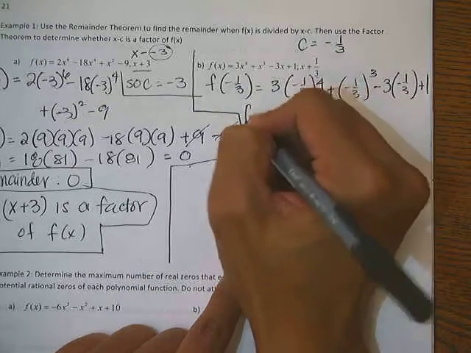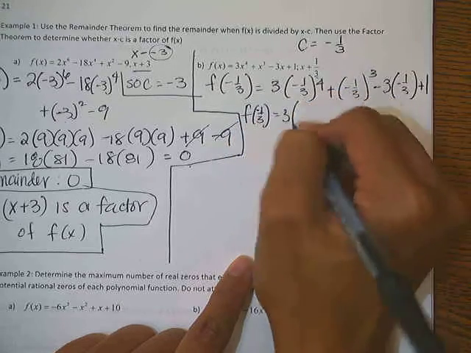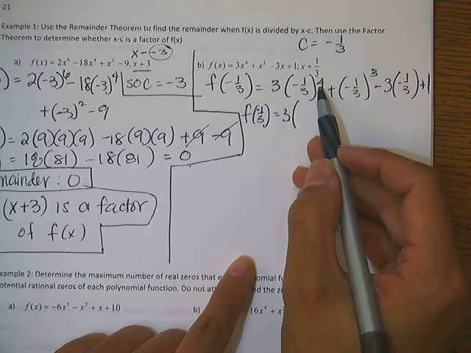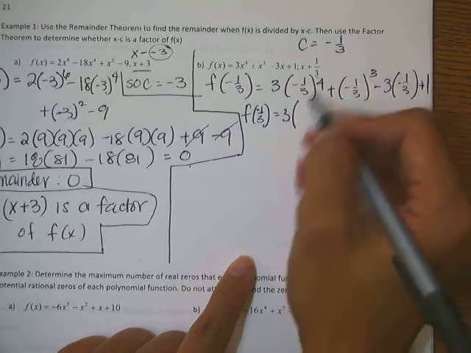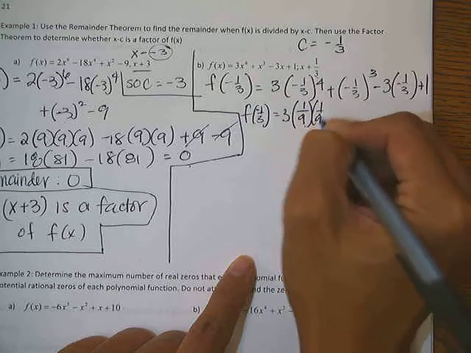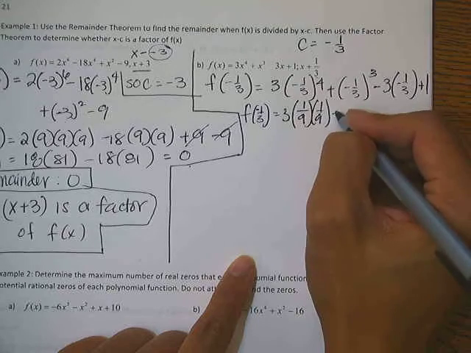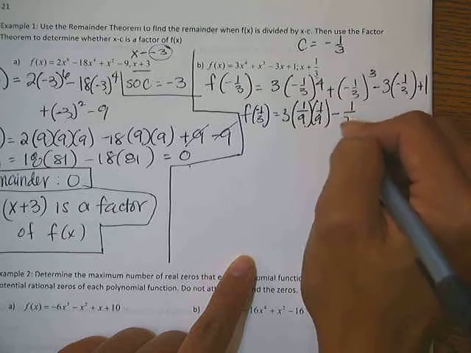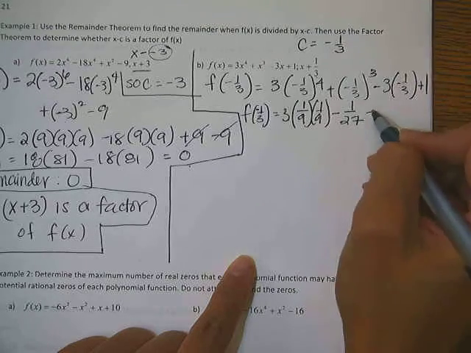Without my calculator, let's do this by hand. f of -1/3 equals 3 times. This is an even power, so I know I'll have a positive answer. Negative 1/3 to the 4th, I'm going to have a positive 1/9 twice. Negative 1/3 to the 3rd power, I'm going to have a negative 1 over 27. Negative times a negative is a positive 1.